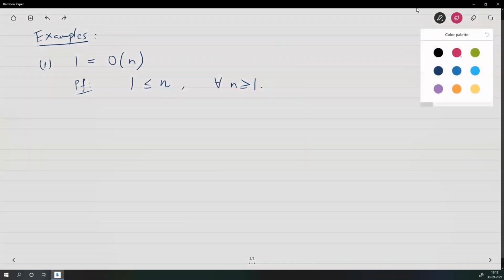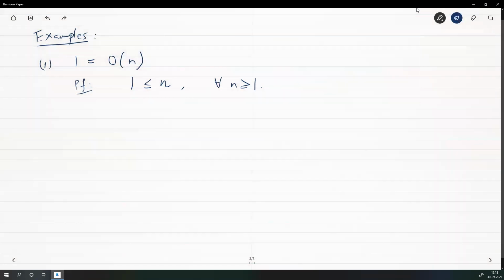All right. Do you see, this is in fact a very, very simple example, because 1 is also big O of square root n. Why is that? This is because, once again, for all n greater than or equal to 1, n greater than or equal to 1 implies square root n is greater than or equal to 1, right?